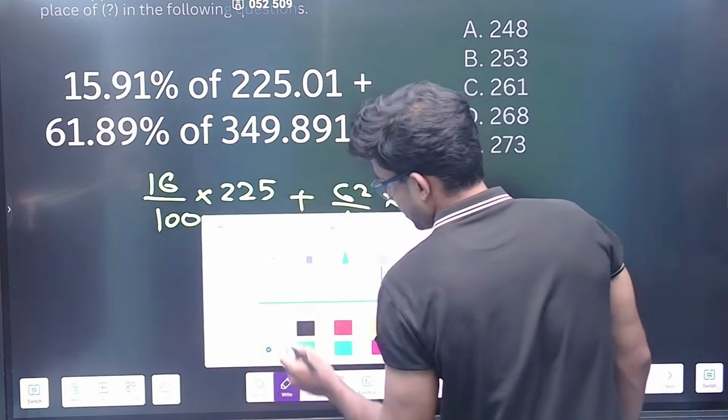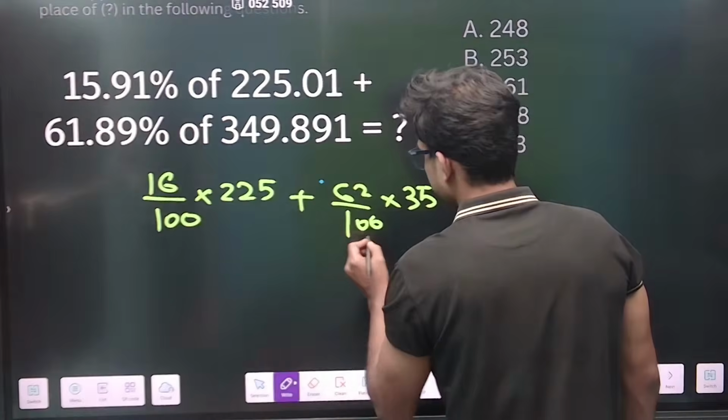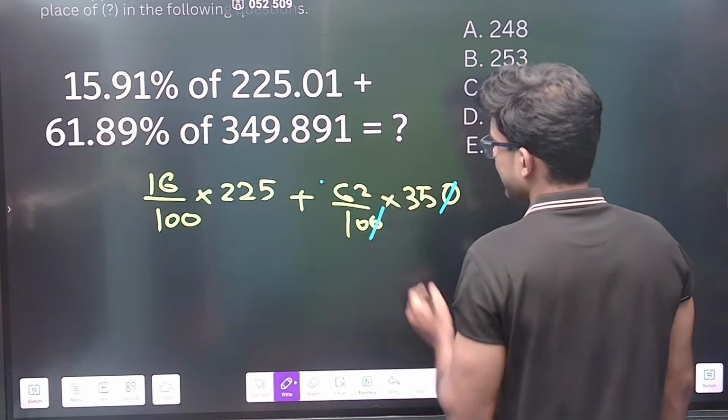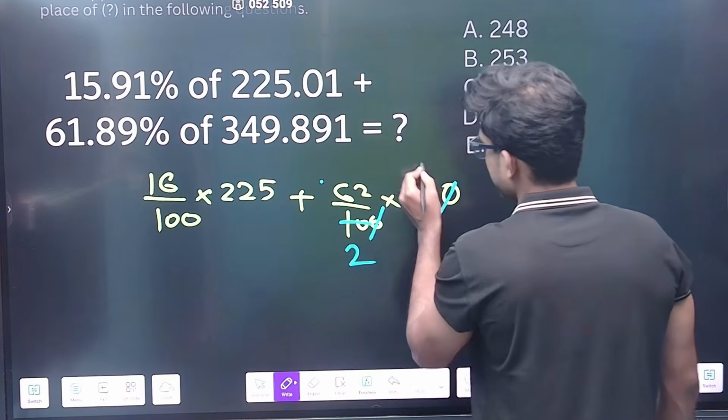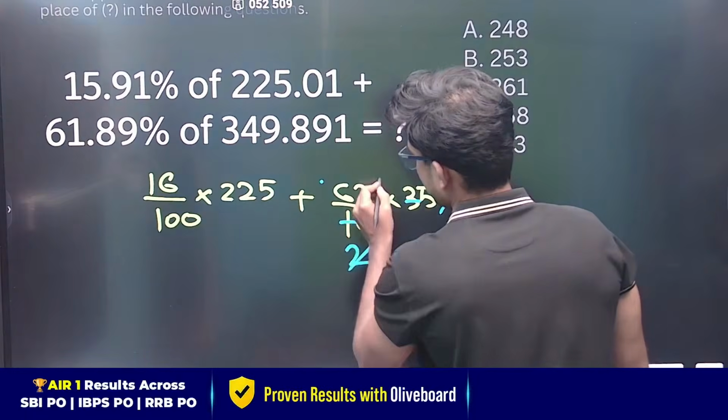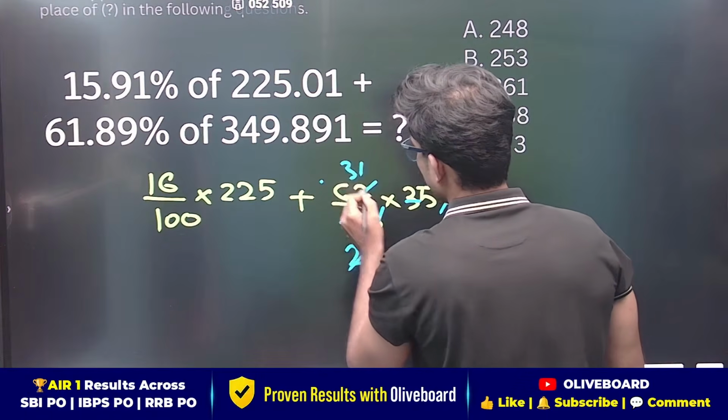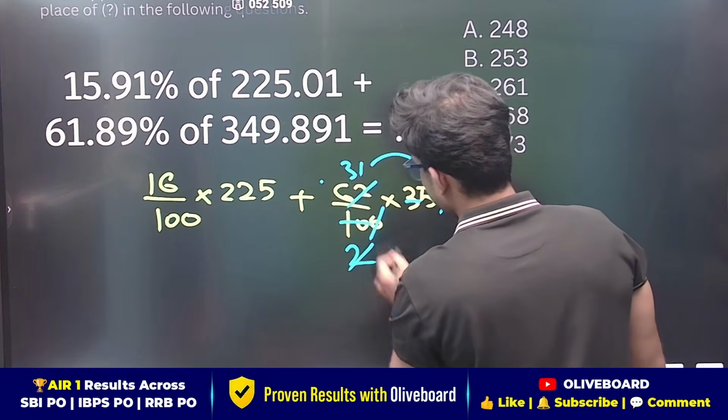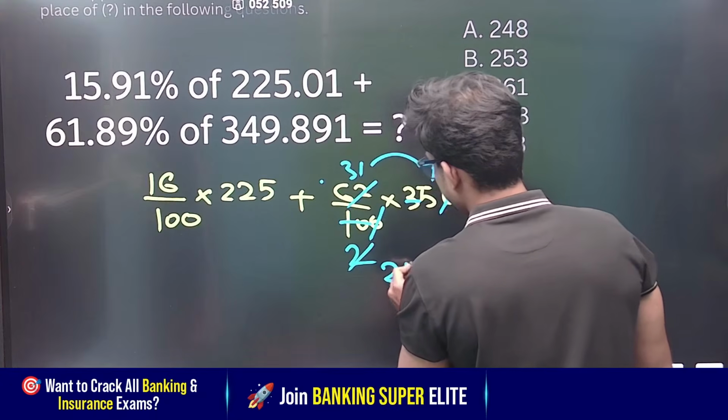Okay. Now let me guide you. This 0 and this 0 will go. This is 2 times, this is 7 times. 2 3s are 6 and 2 1s are 2. This is 7 1s are 7, and 7 2 1 7 is this part.